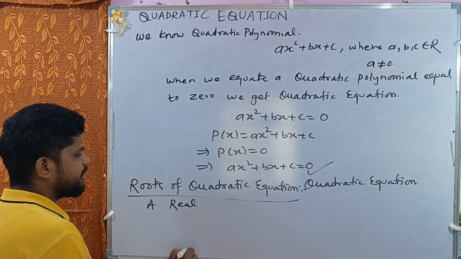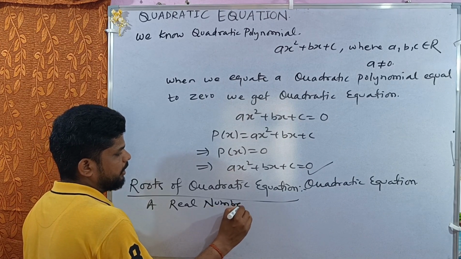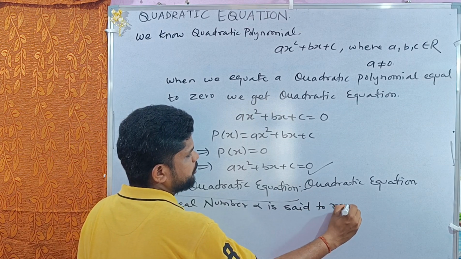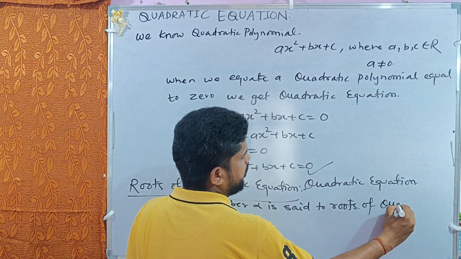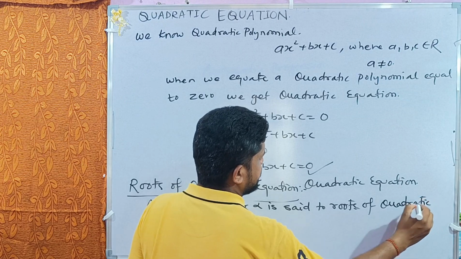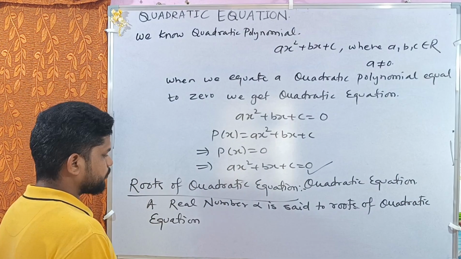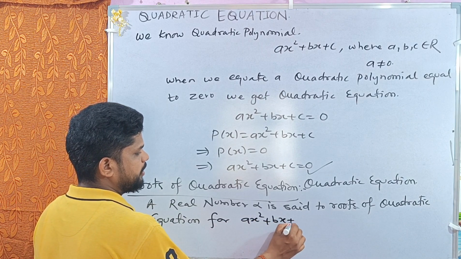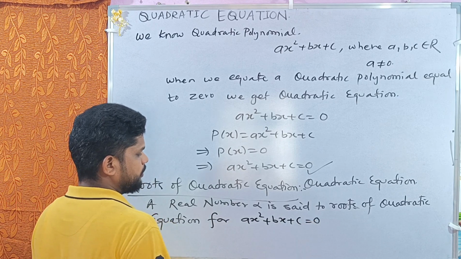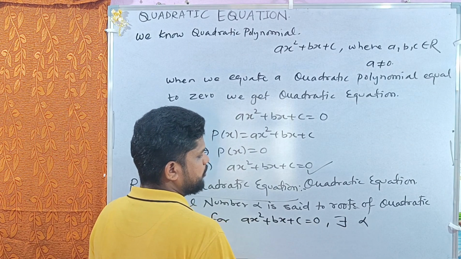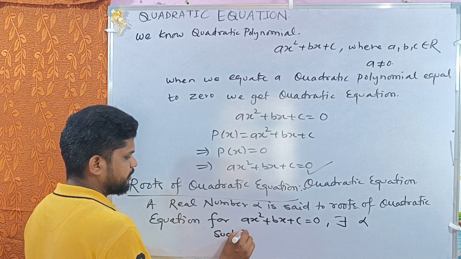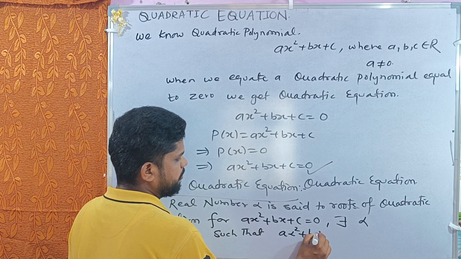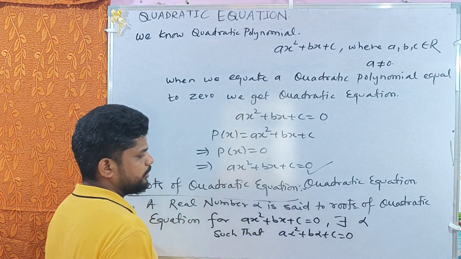A real number alpha is said to be a root of the quadratic equation ax square plus bx plus c equals to 0 if there exists the value of alpha such that a alpha square plus b alpha plus c is equal to 0.